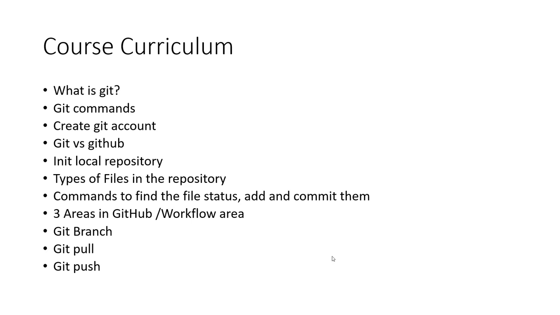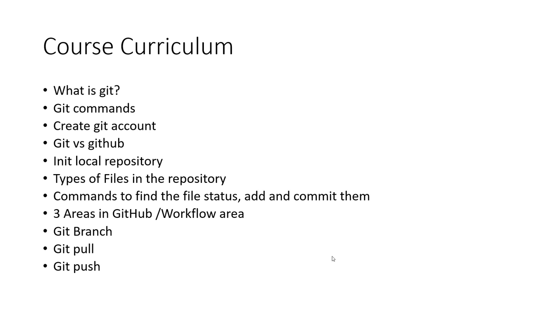Let's see what the course curriculum is. First of all, we'll understand what is Git, and then the important Git commands, I would say, for a beginner, and then how to create your Git account, know the difference between Git and GitHub, and then initiate a local repository, and then we see types of files in the repository, and then we see commands to find the file status, add and commit them.